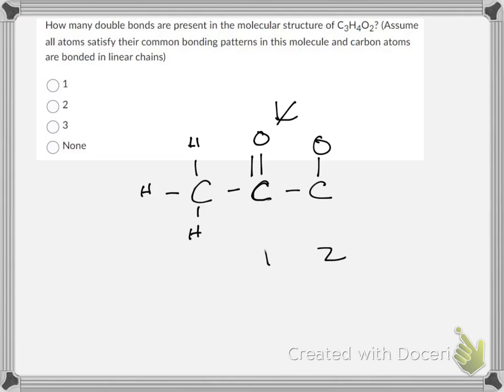Now carbon 1 has 4 electrons, and by putting the lone pairs in for oxygen, we put 2 double bonds in here. We're missing 1 hydrogen, so we can put that hydrogen here. Now each carbon has 4 bonds, each oxygen has 2 bonds, each hydrogen has 1 bond. We have the correct formula, so the answer is 2.